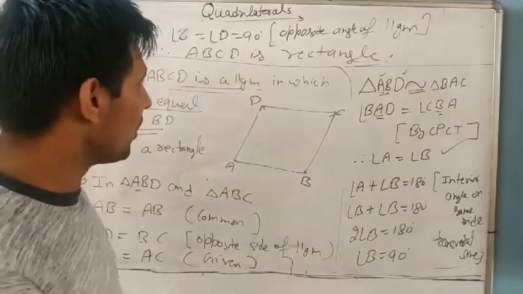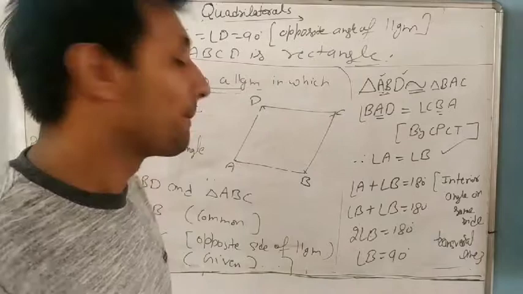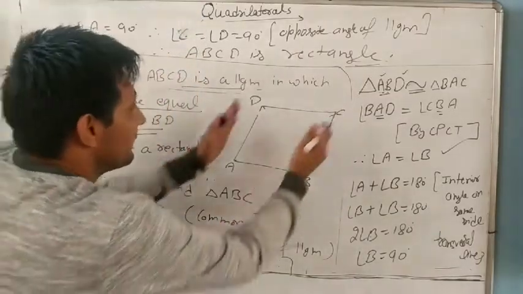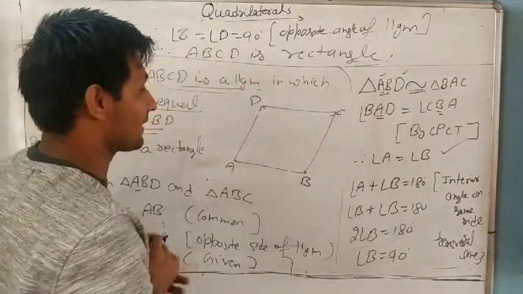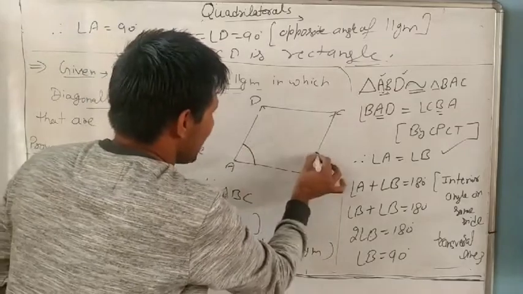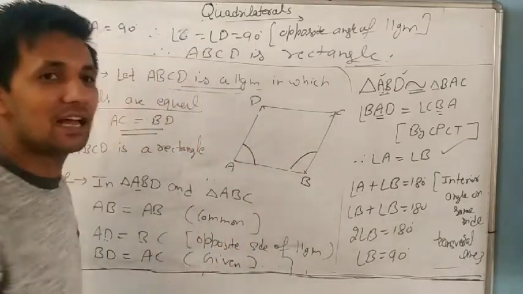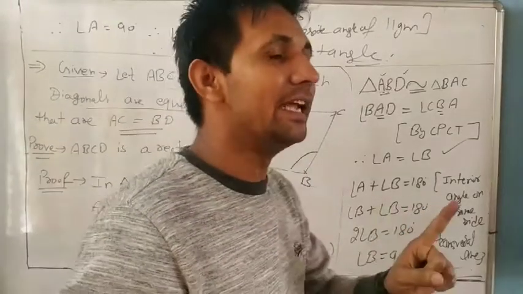And we already know ABCD is a parallelogram, and in a parallelogram these two are parallel lines. The sum of the interior angles on the same side is always 180.